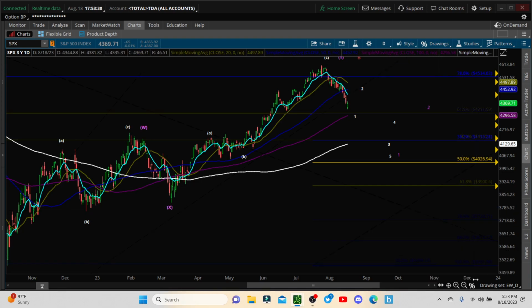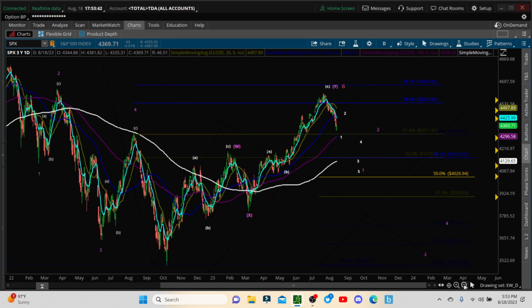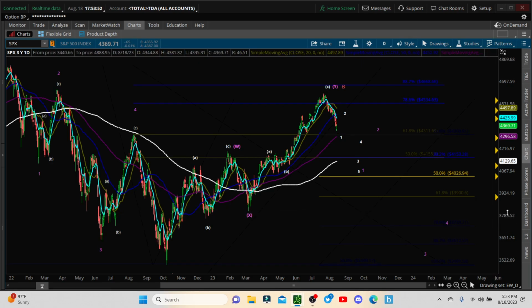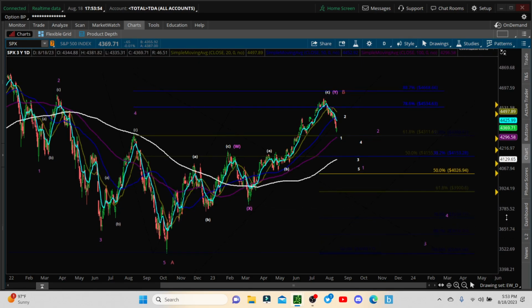And looking further out, let me just move this back here. Looking further out, what we have here after our wave 1 move to the downside, or A, this is a larger A, this bottom here in October of last year. There you go. You can see it right there.